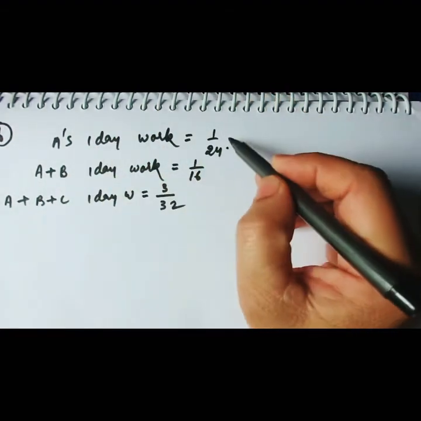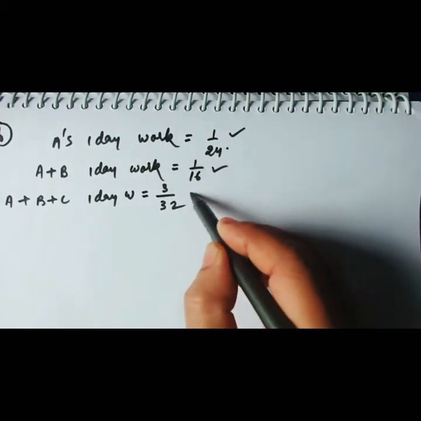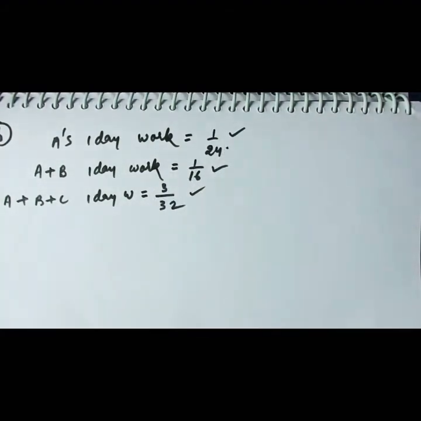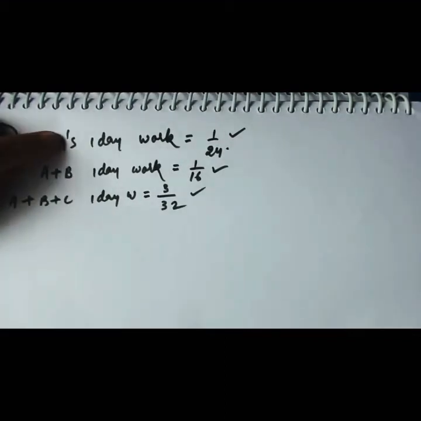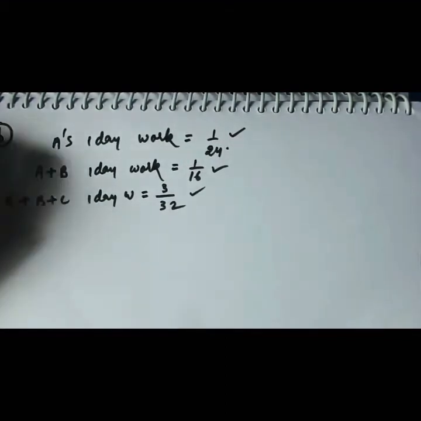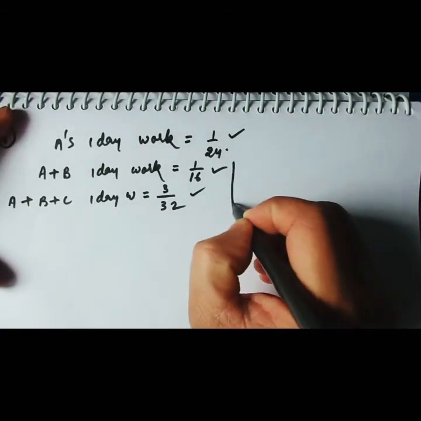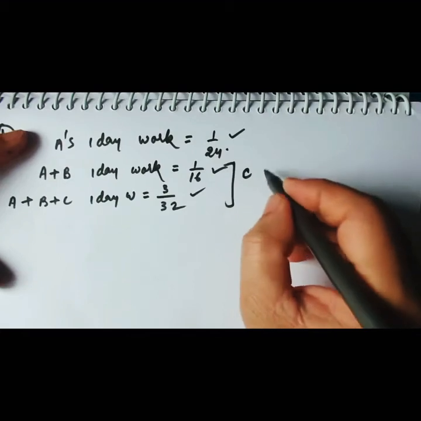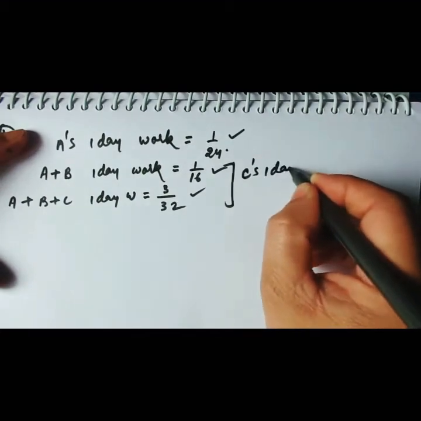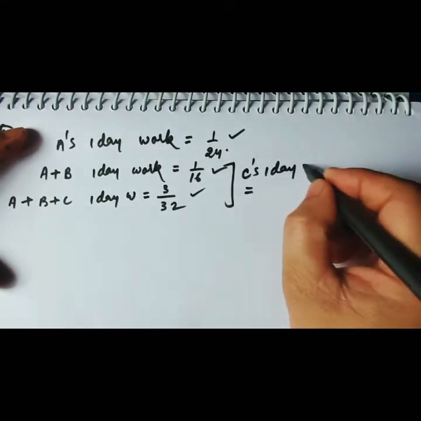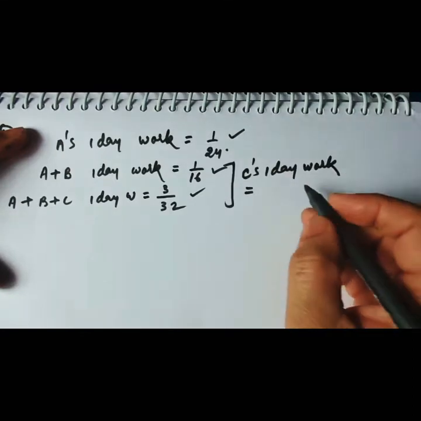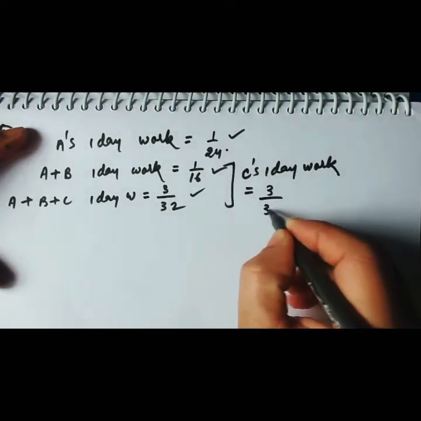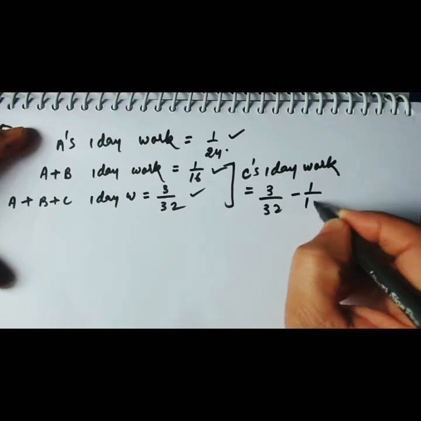So A's 1 day work, B's 1 day work and C's 1 day work, I have to find out. In how many days do A and C do it together? From these two you can find out C. So C's 1 day work will be equal to 3 by 32 minus 1 by 16.